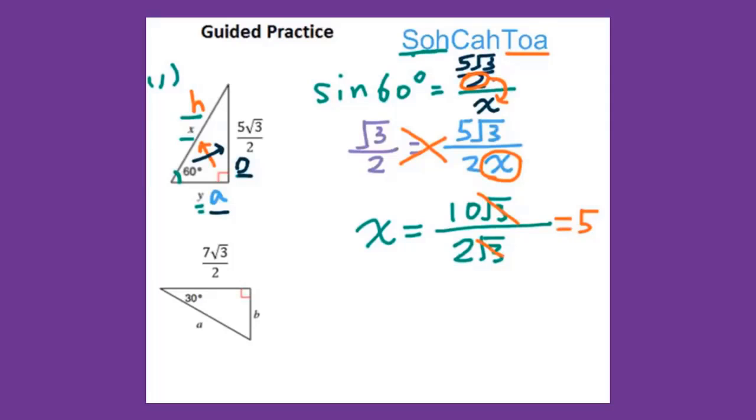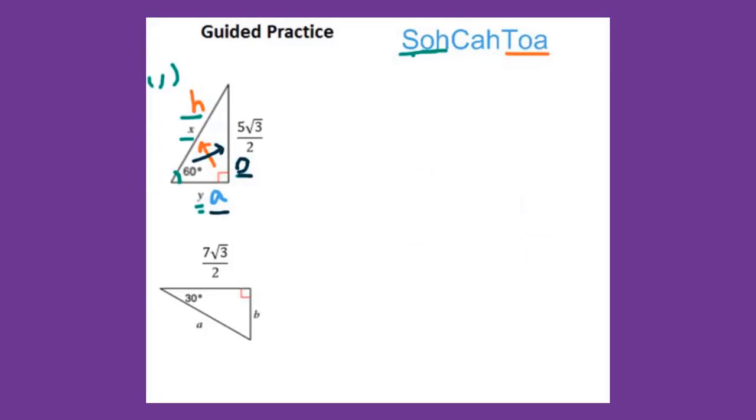So I set up my trig function like tangent 60 degrees equals opposite over adjacent side, which means 5 square root of 3 over 2, then over y.